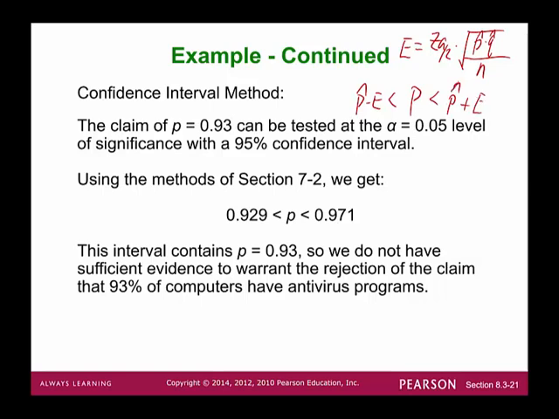All this information is given, so you just have to find the margin of error first. The margin of error is equal to 1.96 times the radical of p hat times q hat over n: p hat is 0.95, q hat is 0.05, divided by 400.